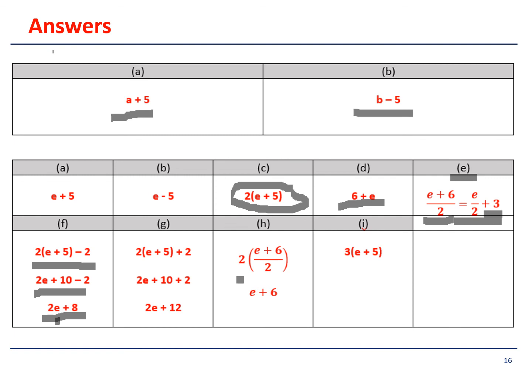Onto H, here what you've got is someone again times by 2, double the age, and then someone who's half the age, so we've got double the age and half the age. So if you did 2 times E, well that's 2E, and then you did 2 times 6, well that's going to be 12, so you end up with 2E plus 12, but then you've had to divide that by 2 because a brother's half of some 2 other people's age, Elizabeth plus whichever brother.